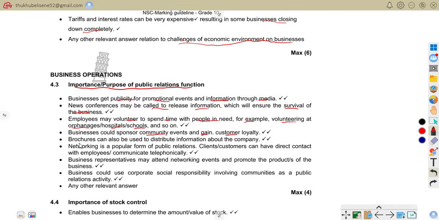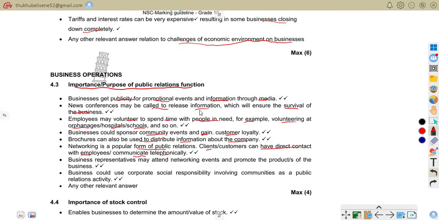Broadcasts can also be used to distribute information about the company, so that they can provide information about products and services. Now networking is a popular form of public relations. Clients or customers can have direct contact with employees or communicate telephonically.